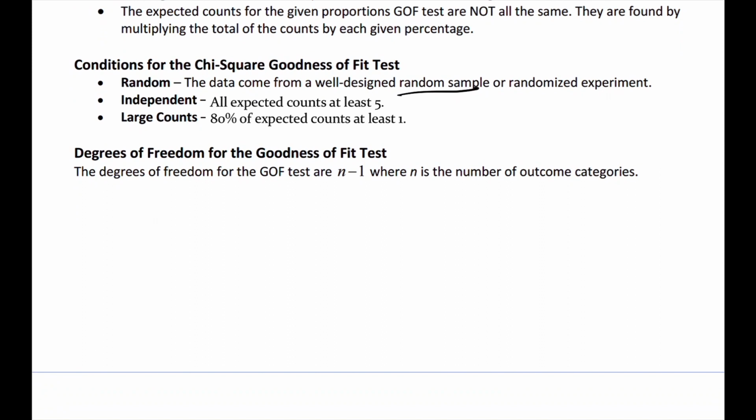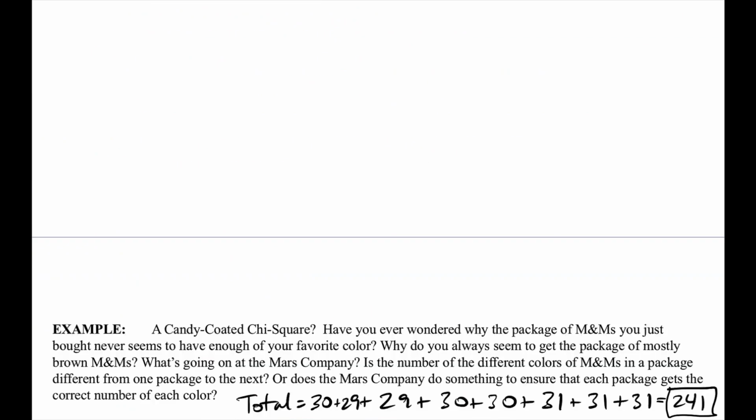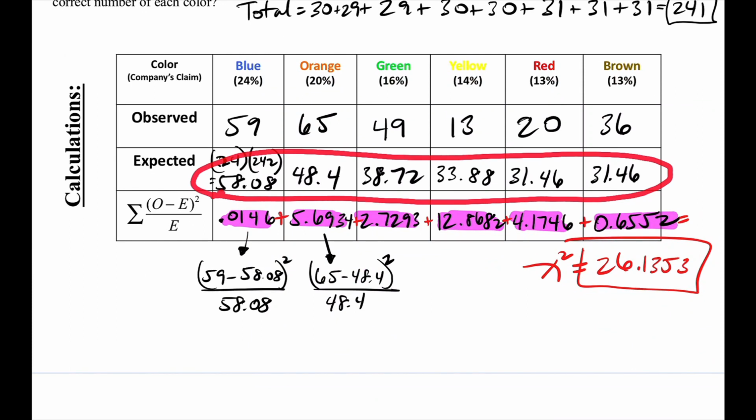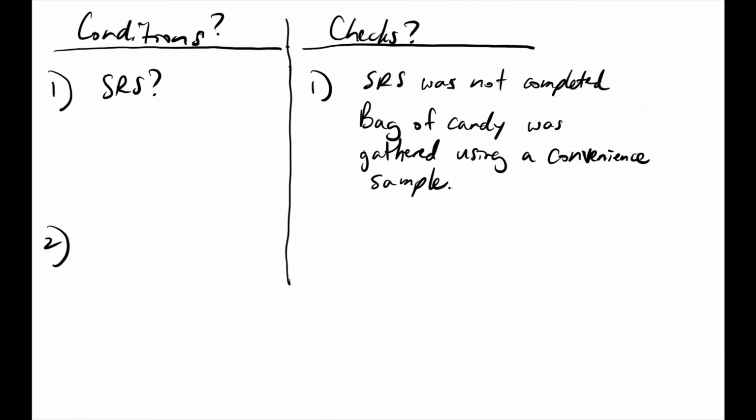Okay. So the second condition is independent. So that one, how do we check that one? All expected counts are at least 5. So we're going to go to our table and make sure that all expected counts are at least 5. Okay. So nothing's too small. And it looks like every single one of our 6 is above 5. Okay.